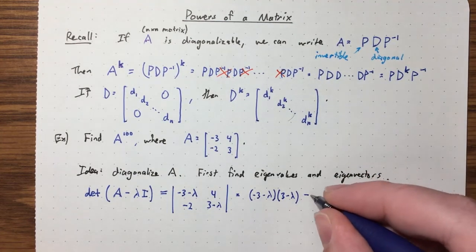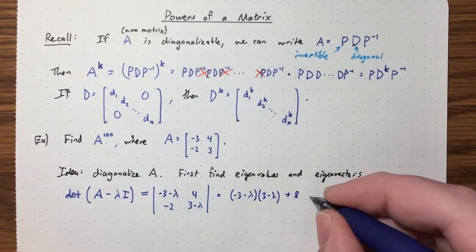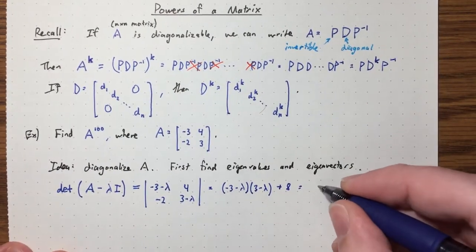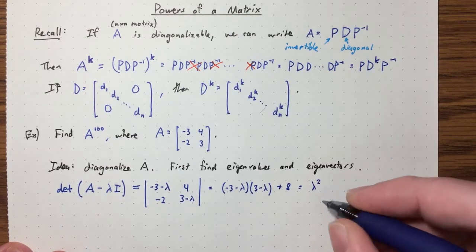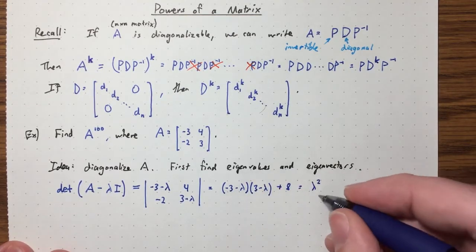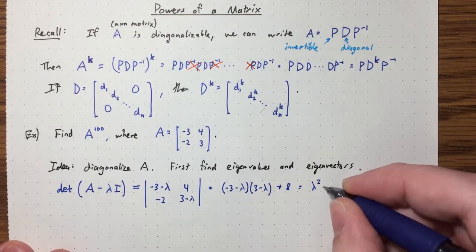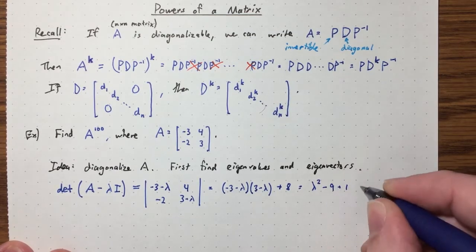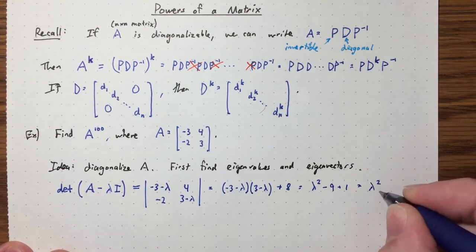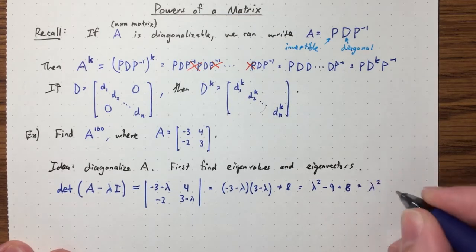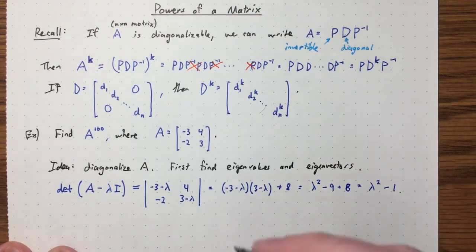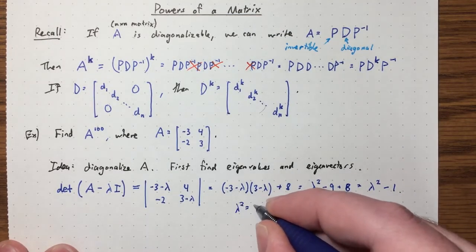So it's (negative 3 minus lambda) times (3 minus lambda), minus 4 times negative 2, so actually plus 8. We have a lambda squared, and then a minus 3 lambda plus 3 lambda, which cancels. We have a minus 9 plus 8. So this is just lambda squared minus 1, and then we set that equal to 0.